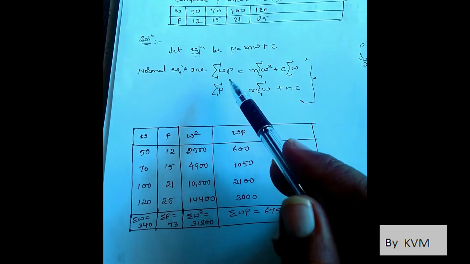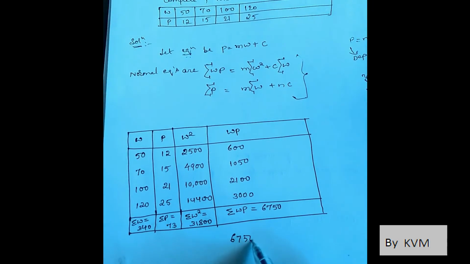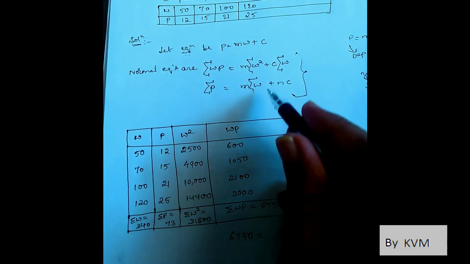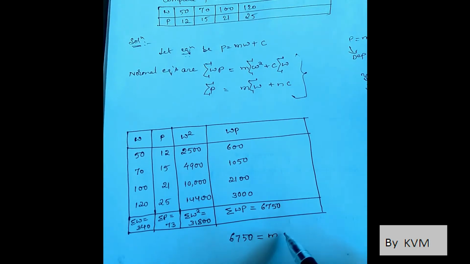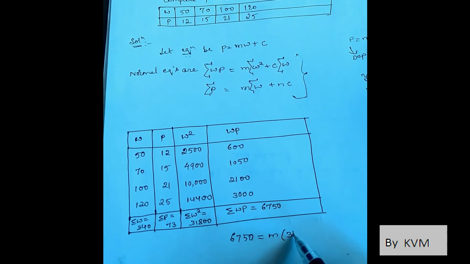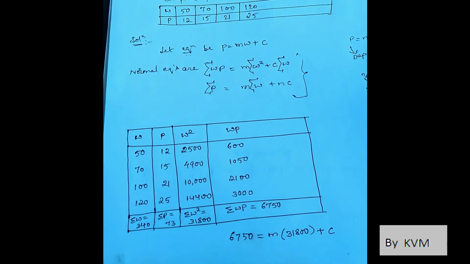So now sigma WP is 6750 equals m into sigma W square, which is 31800, plus c into sigma W. So sigma W is 340.